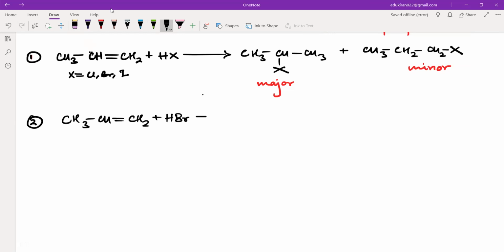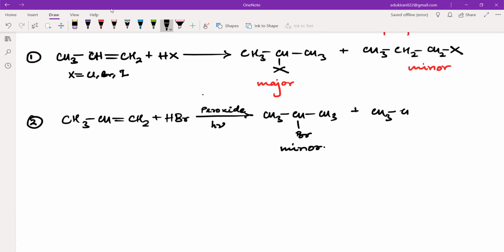Only if you have HBr and you have been given peroxide or light, anything is given, then the major product will be CH3 CH2 CH2Br. CH3 CH Br CH3 will be the minor product. Yes, correct.